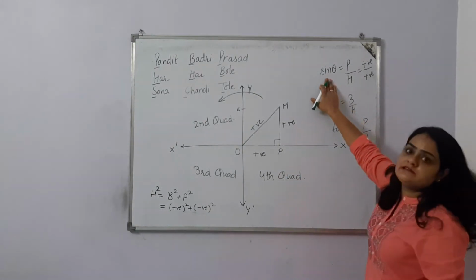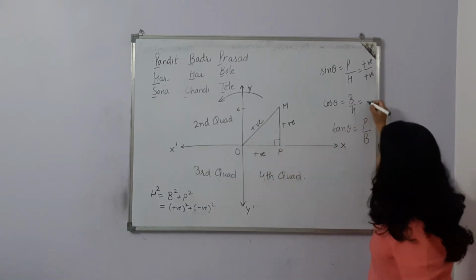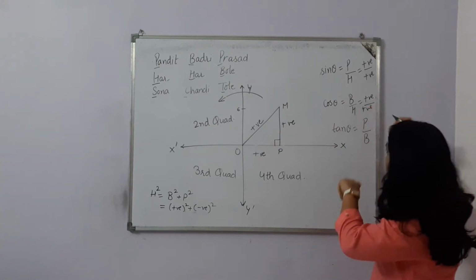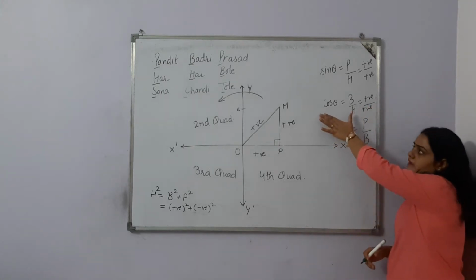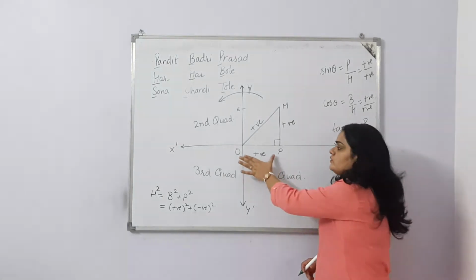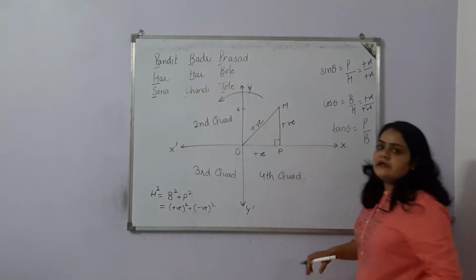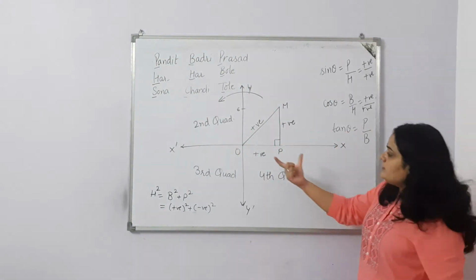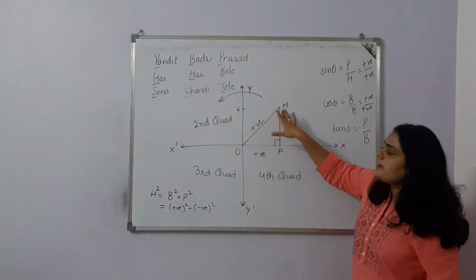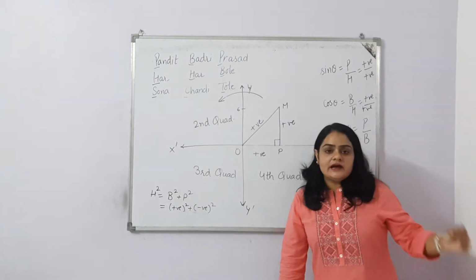Here we don't know the length of OP and the height of MP. When we have the values of OP and MP, we can find OM using the Pythagoras theorem, and the answer will again be positive.